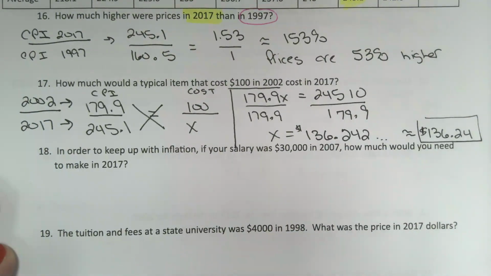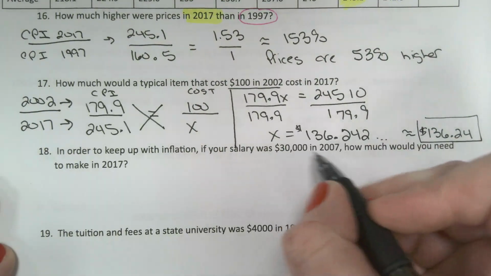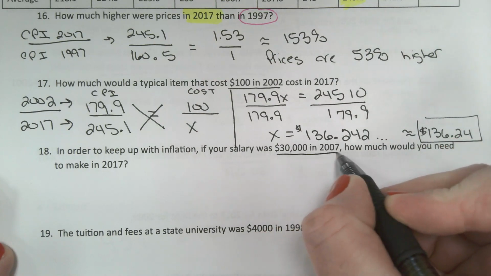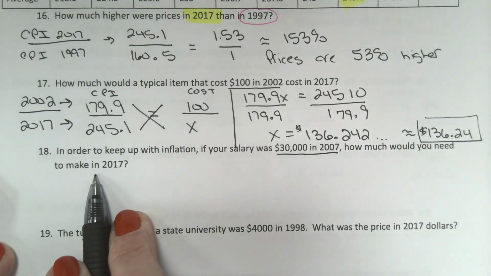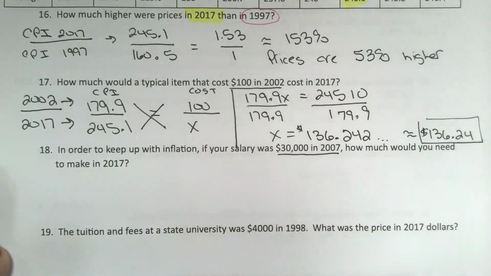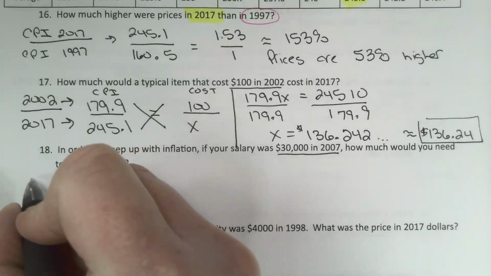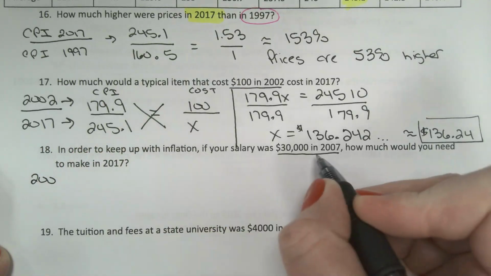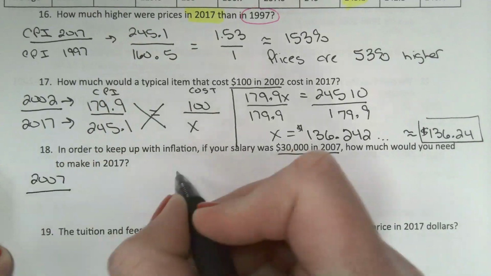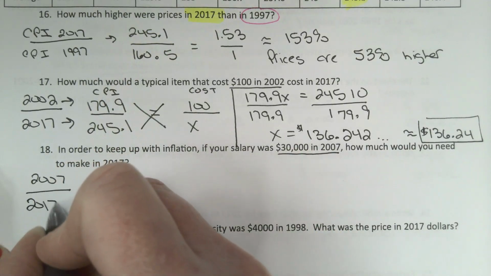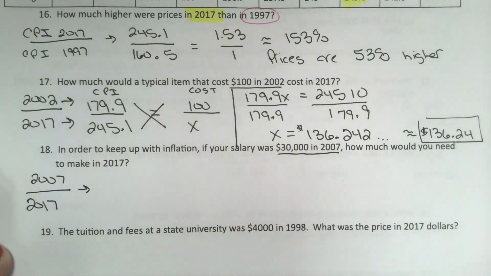It says in order to keep up with inflation, if your salary was $30,000 in 2007, how much would you need to make in 2017? All right, so now I'm comparing 2007 numbers to 2017 numbers.